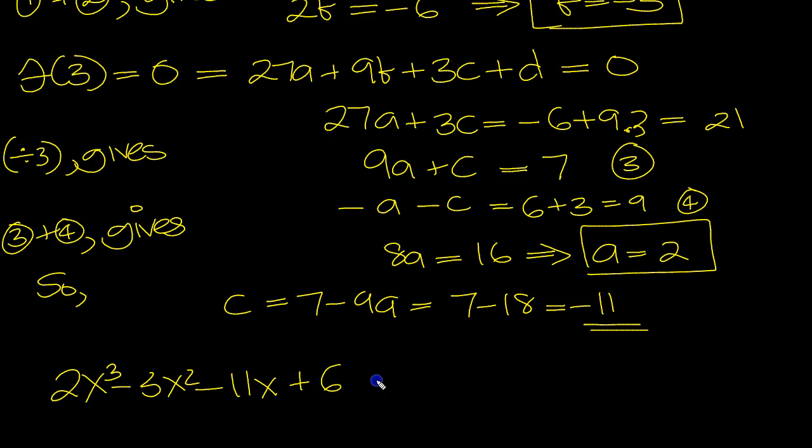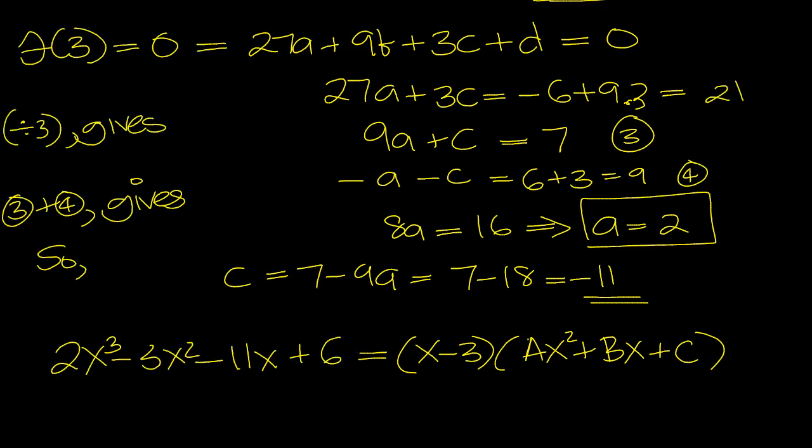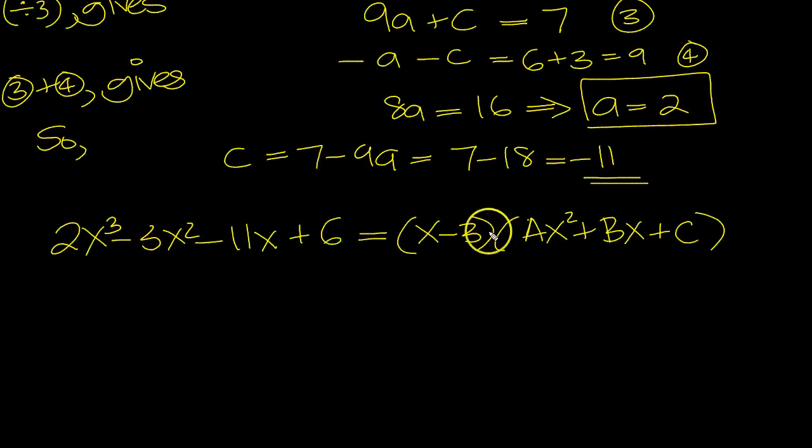And that's equal to, now we know that x minus 3 is a factor, and we can now write, I'm going to use a, b, and c again here. I'll use capital A, B, C: x minus 3 times Ax squared plus Bx plus C. Okay, so we know x minus 3 is a factor, we know it's a cubic, so we can divide out the x minus 3.